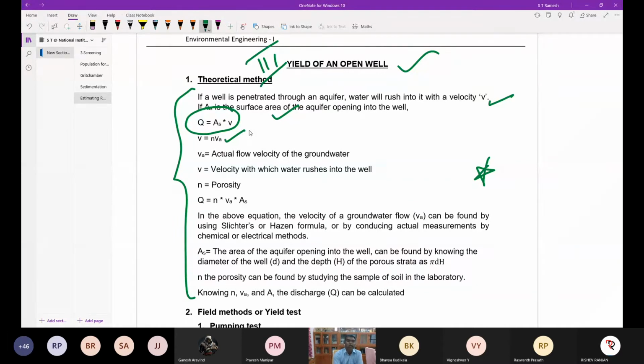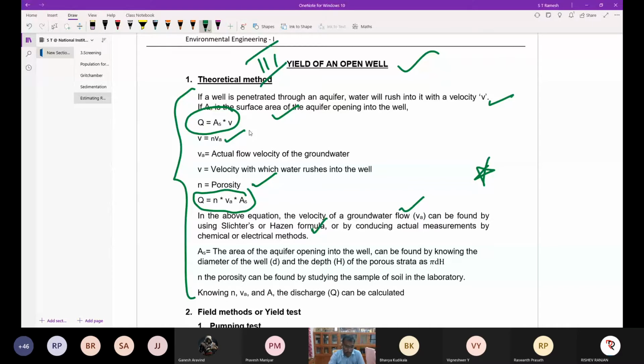Va is equal to the actual velocity, V is equal to the velocity of water rushing into the well, and n is equal to the porosity of the sample. If I substitute here, Q is equal to n into Va into As. In this equation, V can be calculated using Schlichter's and also Hazen's formula, which we discussed initially, because in groundwater you can use Schlichter's and Hazen's formula to calculate the groundwater velocity.